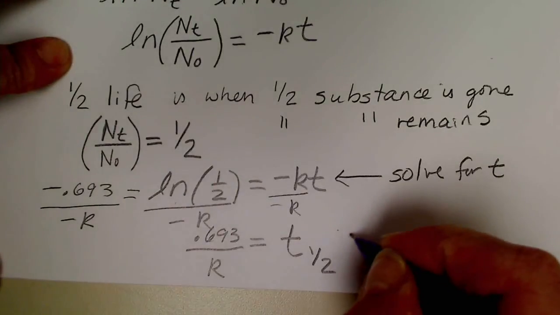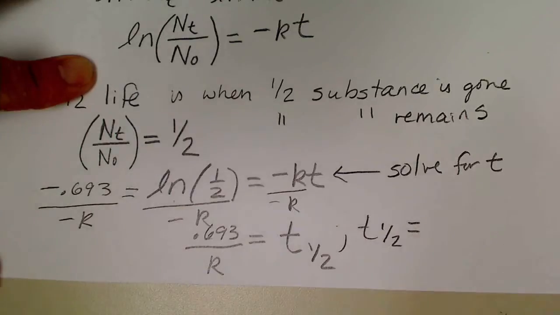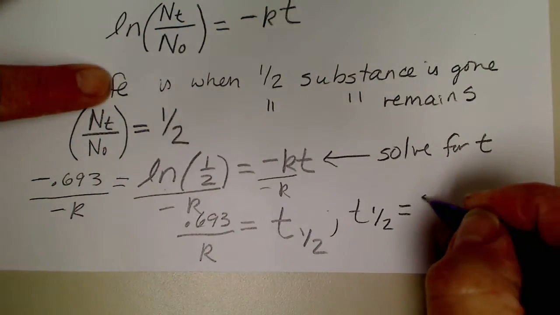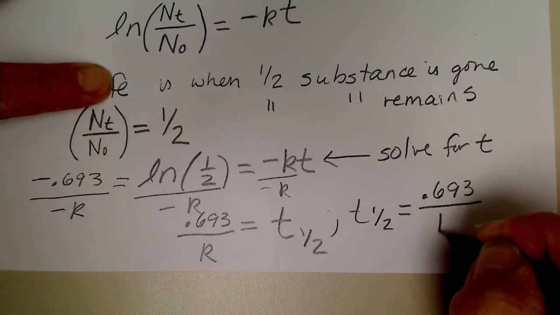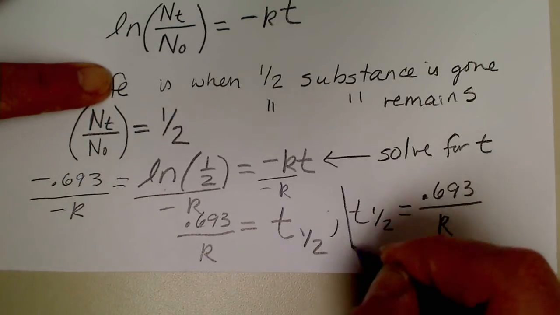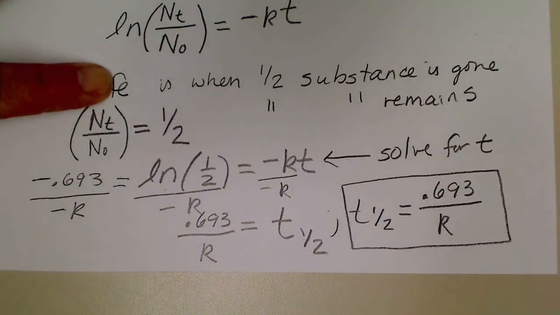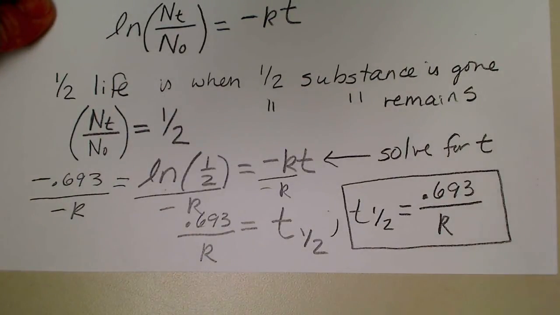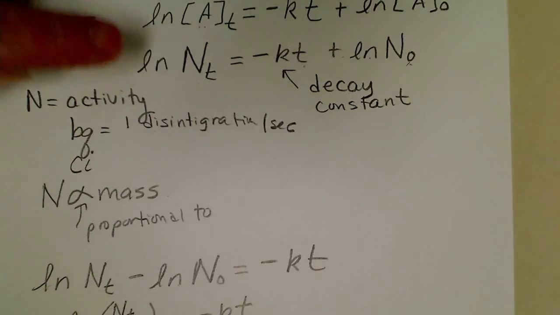I kind of like to have my unknown on the left. T 1/2 is equal to 0.693 divided by the decay constant, which we write as a lowercase k.